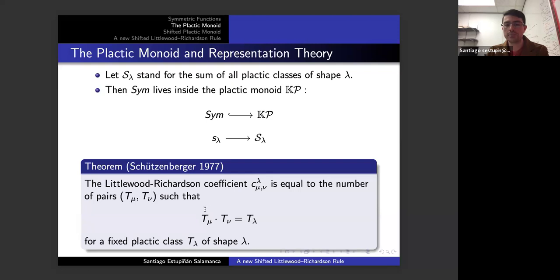You can also think of these as all pairs of plactic classes, such that their product, so again, basically inserting the second tableau in the first one, is equal to T sub lambda, where T sub lambda is a fixed plactic class that has shape lambda. And one of the surprising features of this result is that you are free to choose any plactic class of shape lambda, and the result holds at the same time.